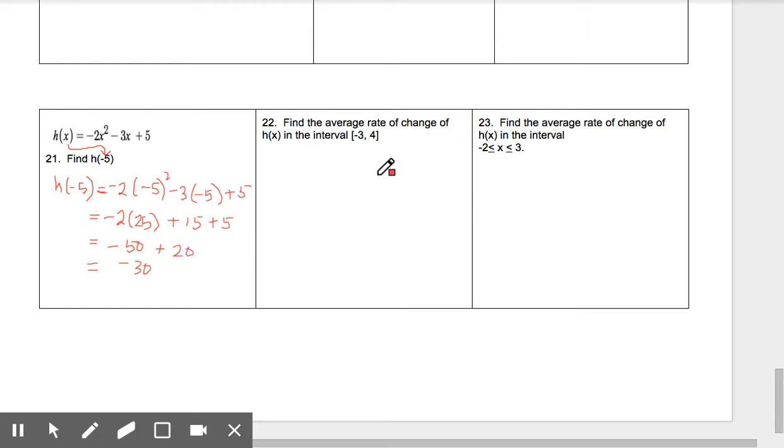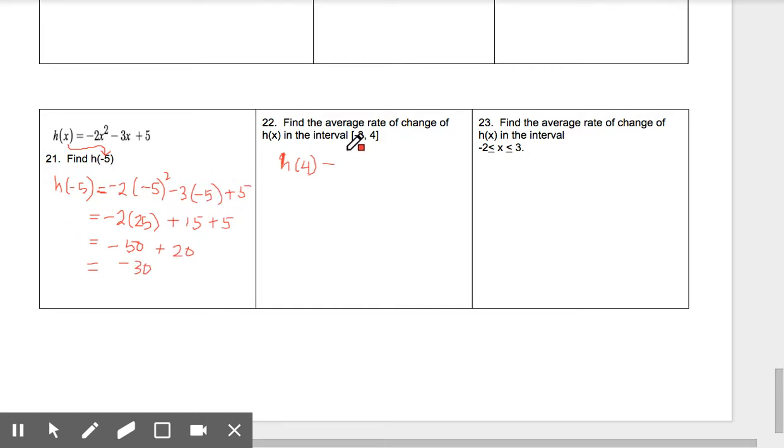Find the average rate of change of h of x in the interval -3 to 4. Okay, so here we just need to find h of 4, whatever that is. So we're going to find h of 4 the same way we found h of -5.